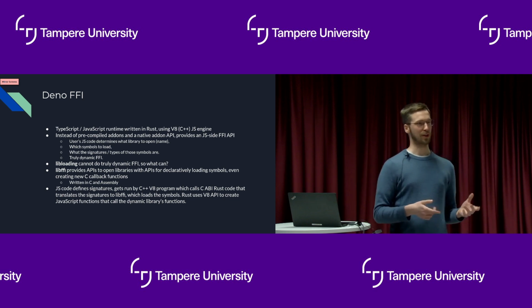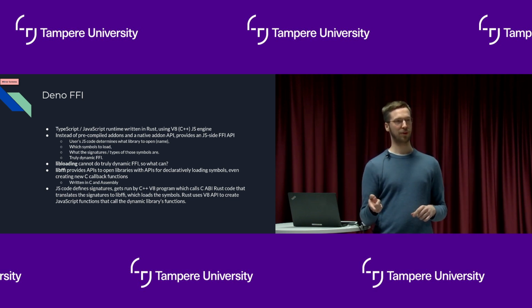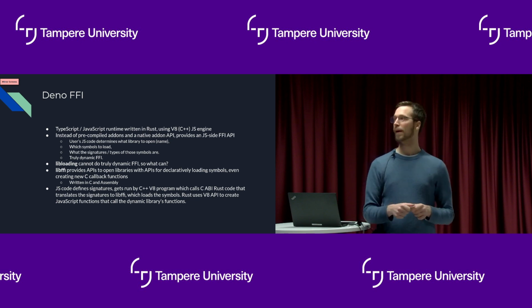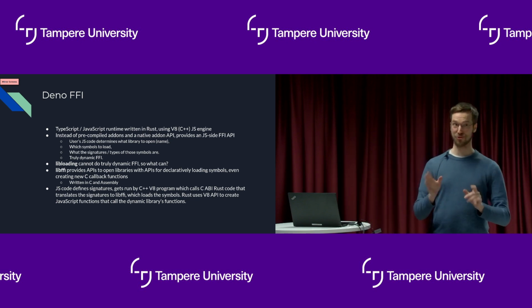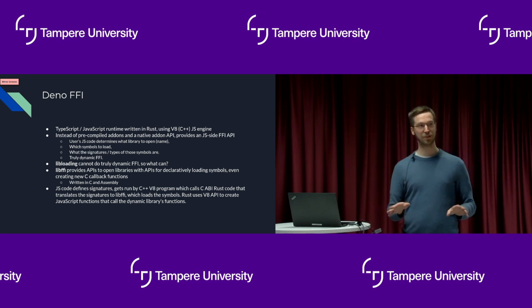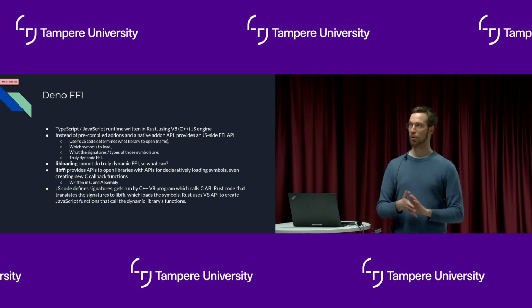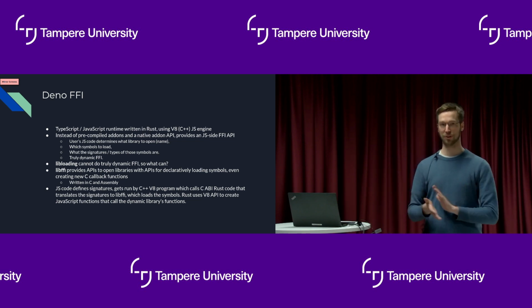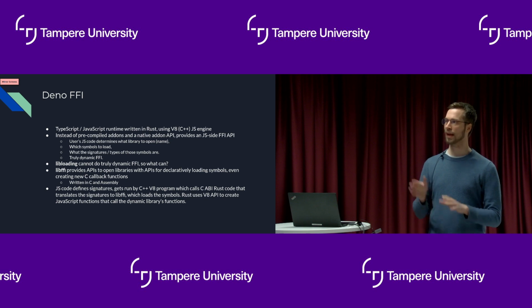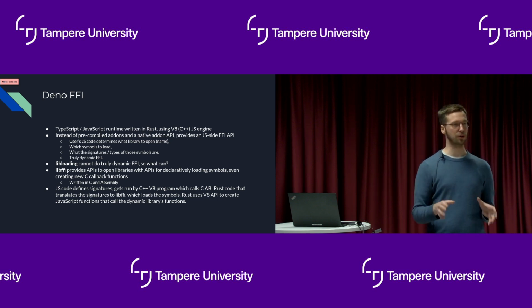So Deno starts up, some JavaScript code gets run, and that code says, hey, I want you to load this particular dynamic library, and from that library, please open these symbols, and the types that those symbols have are these. So that's truly dynamic. Rust doesn't know what it's going to load, if it's going to load anything at all. And especially, it does not know the types.